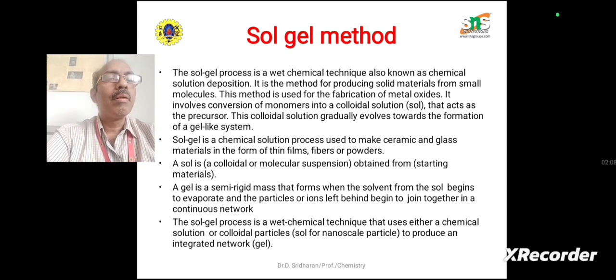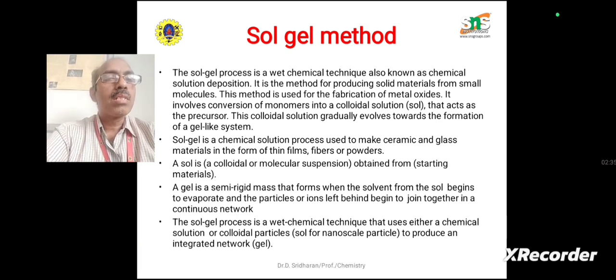These metal oxides are used in different applications, biomedical applications and also the energy aspect. It involves conversion of monomers into a colloidal solution that acts as the precursor. Generally we choose metal salts.